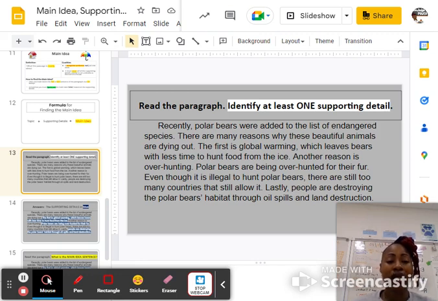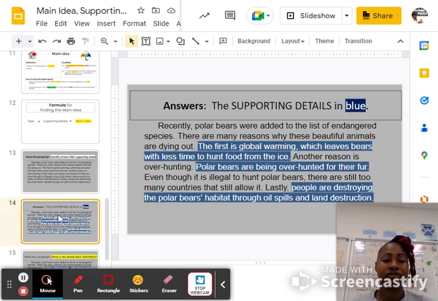So give me one supporting detail. Think about it in your head. Think about if you'll get it right on the next slide. This passage contains a number of supporting details to support our topic of polar bears. Now let's take a look. Answers: what's in blue are all supporting details.